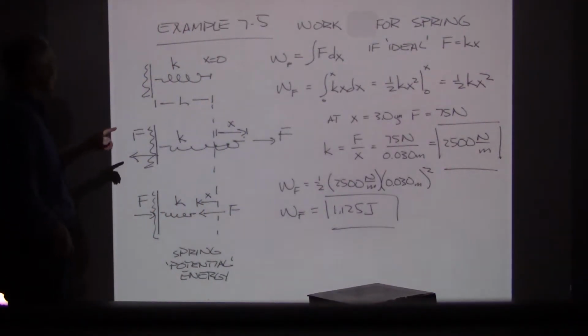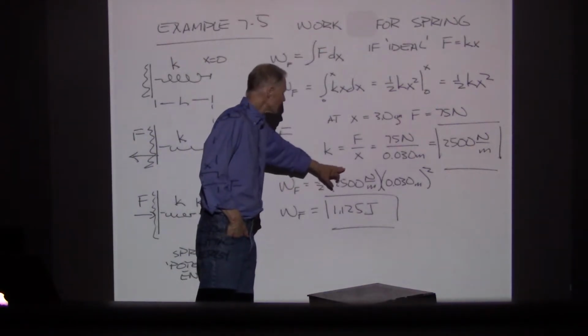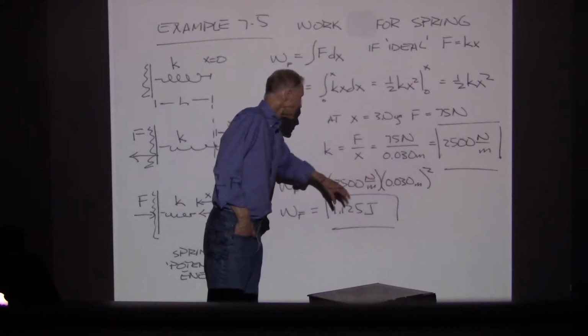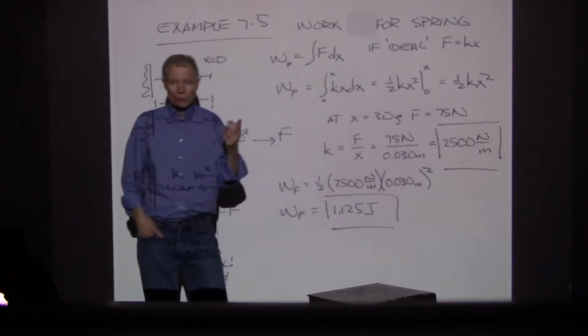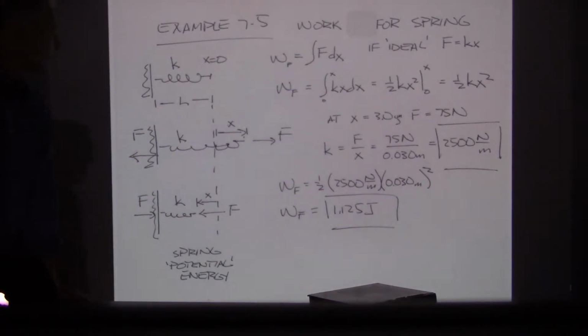Now, the work, or the energy stored, would be given by 1/2 kx squared. Now, it was only 3 centimeters. The force constant is really big, but we only stretched it 3 centimeters. And it's kind of discouraging, but we only transferred 1.1 joules, just a little over 1 joule of energy, which doesn't sound like a lot.